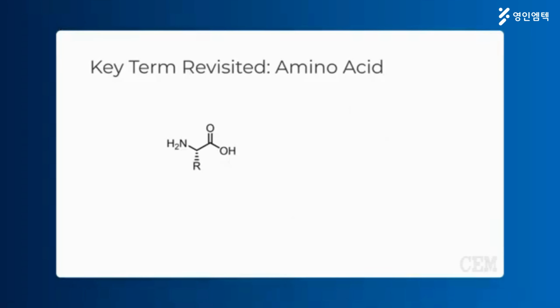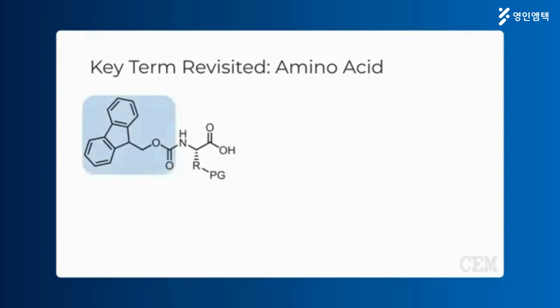In SPPS, the amino group of the amino acid being added is initially protected or blocked for better reaction control, preventing unwanted side reactions and ensuring amino acids are added one at a time in the correct order. The most common protecting group used is FMOC, 9-fluorenylmethyloxycarbonyl, because it is easily removed under mild basic conditions.